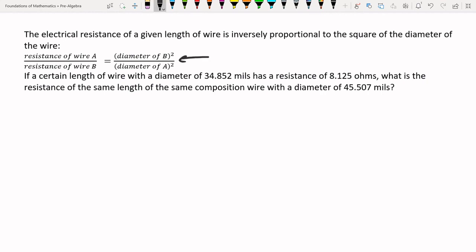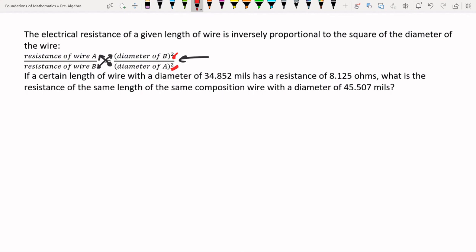You see that A and A are connected, but we have a square on the bottom, and B and B are connected, and we have a square on top. So it's an inverse proportionality. That's why it's flipped, one on top, one on the bottom, and we have a square because it's inversely proportional to the square of the diameter. But we're still going to solve this as we would a proportion: cross multiply and divide.